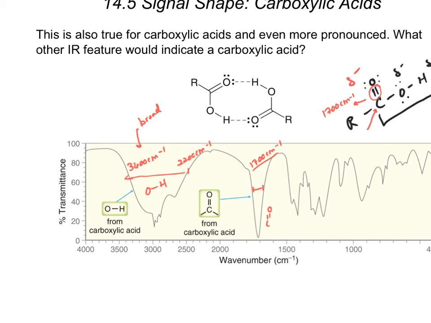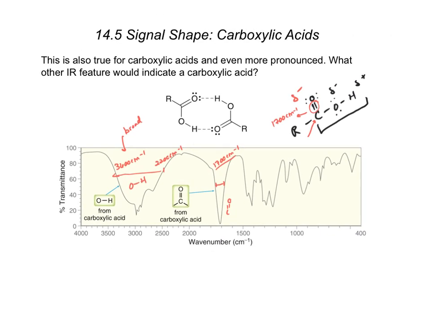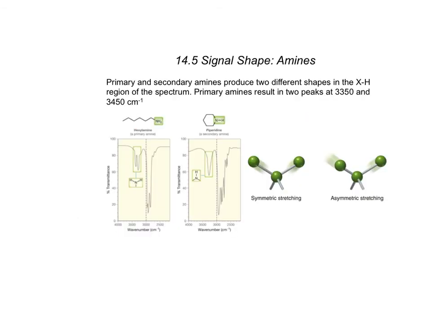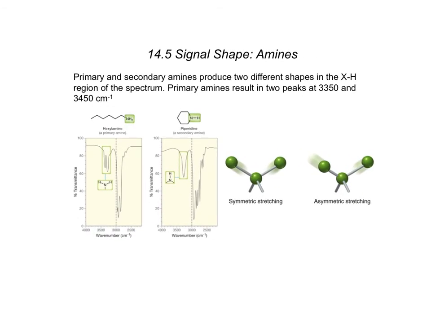Okay, so then finally, one more group with respect to shape. We talked about alcohol giving us a broad signal. We talked about how in carboxylic acids that's going to be even more pronounced. And then finally, the last special one that we talk about is the amine group. Does anyone remember what an amine looks like?